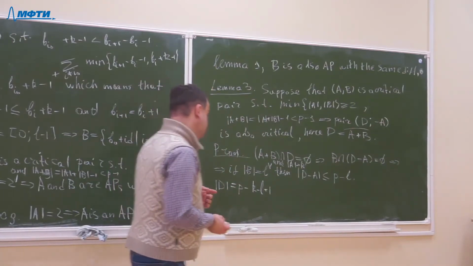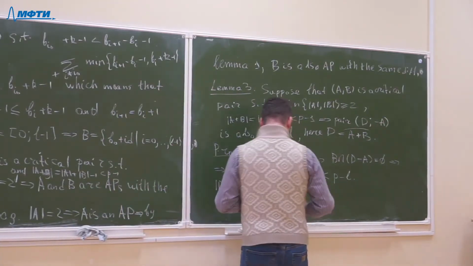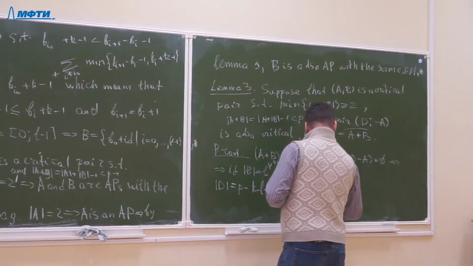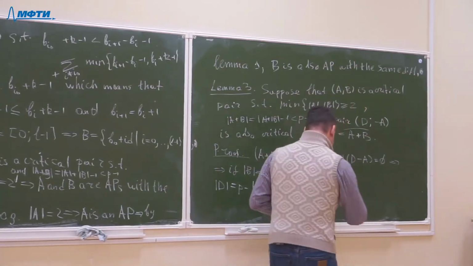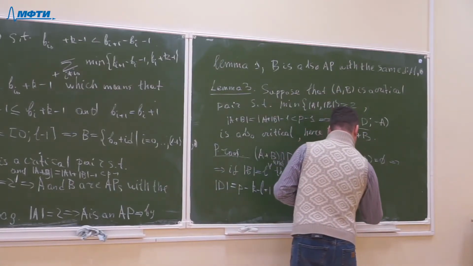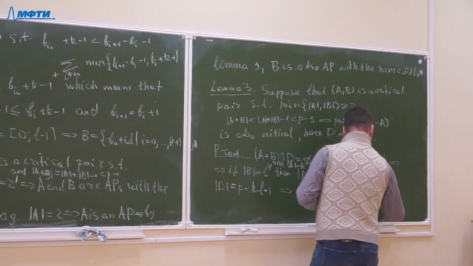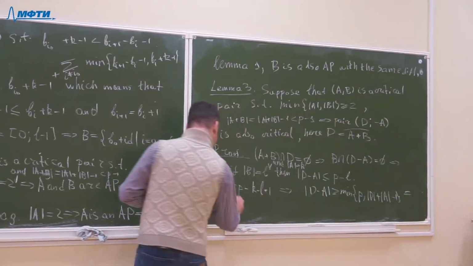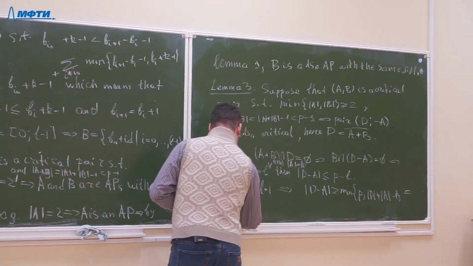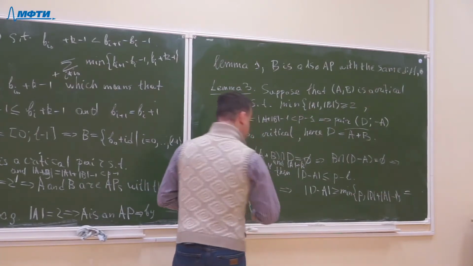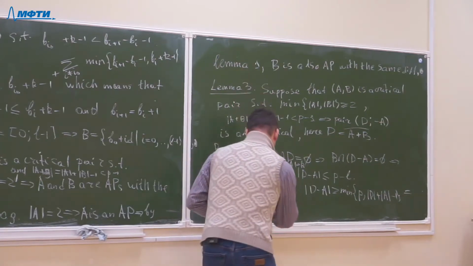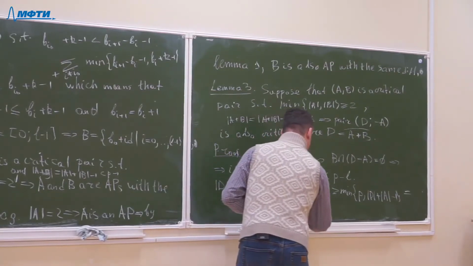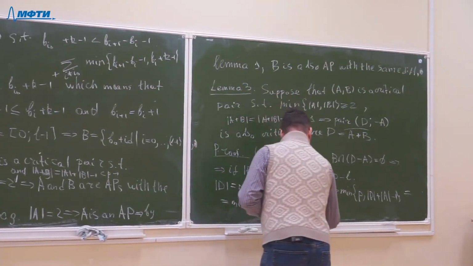Good. So this means that D minus A, by Cauchy-Davenport, has cardinality at least the minimum between P and the cardinality of D plus A minus 1, which is the minimum between P and P minus K minus L plus 1 plus K minus 1.